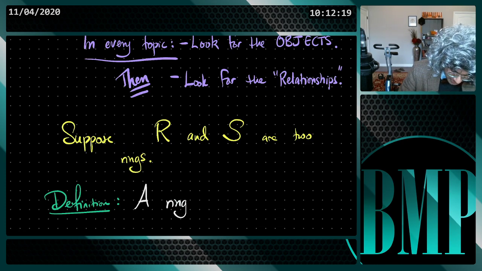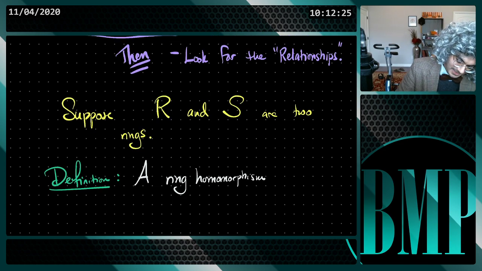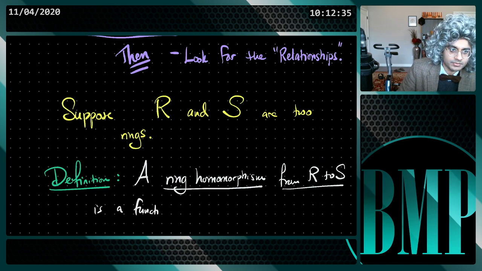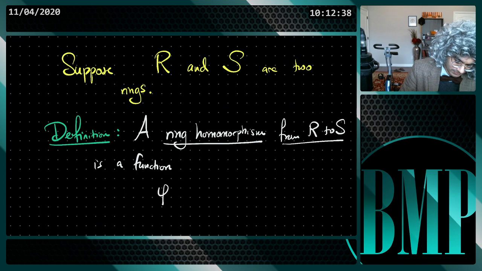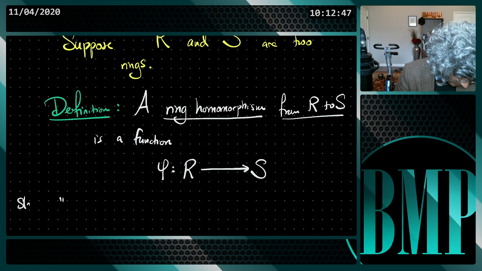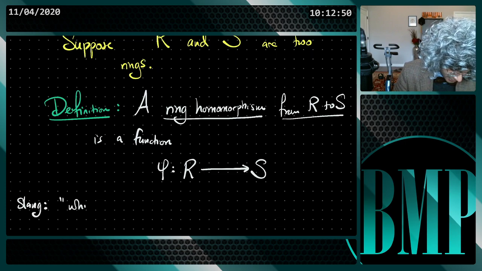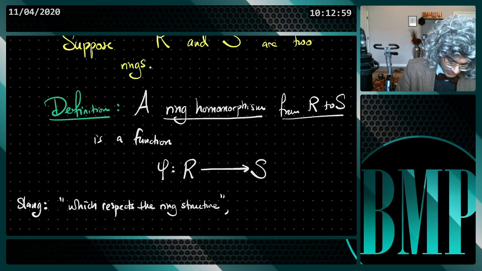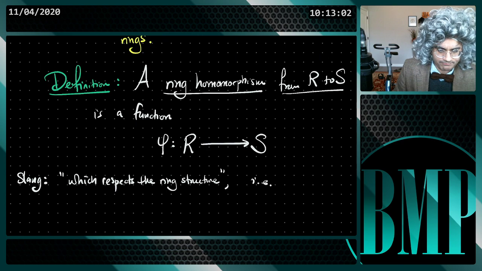A ring homomorphism from R to S is a function, and I'll say it colloquially, slang definition first, which respects the ring structures. Let me now write that out. Let me write it all out.